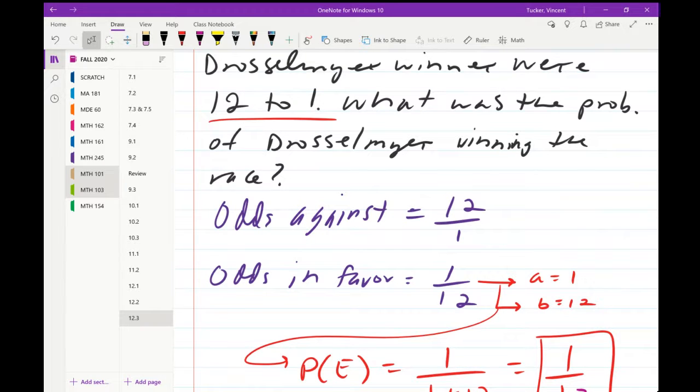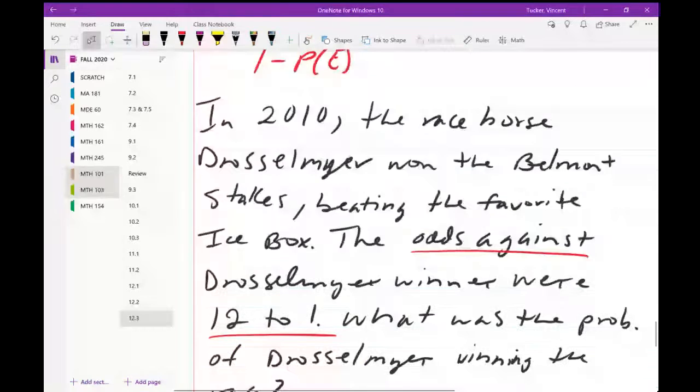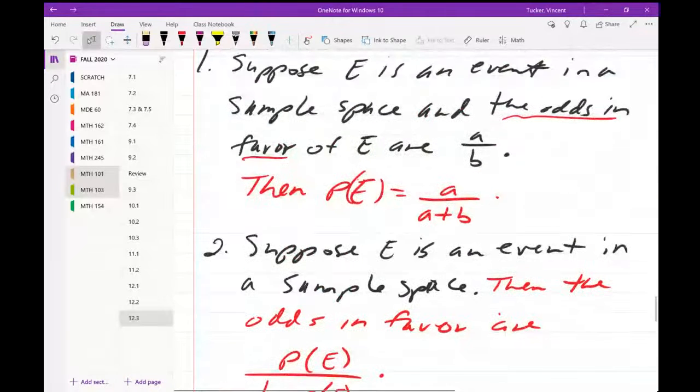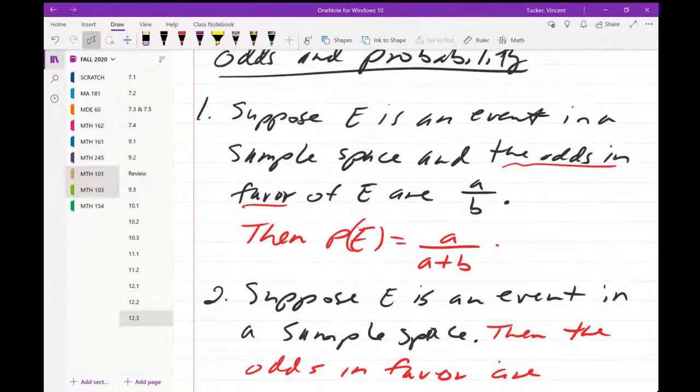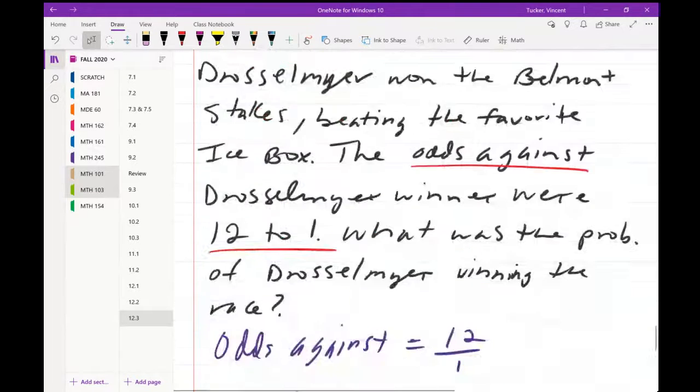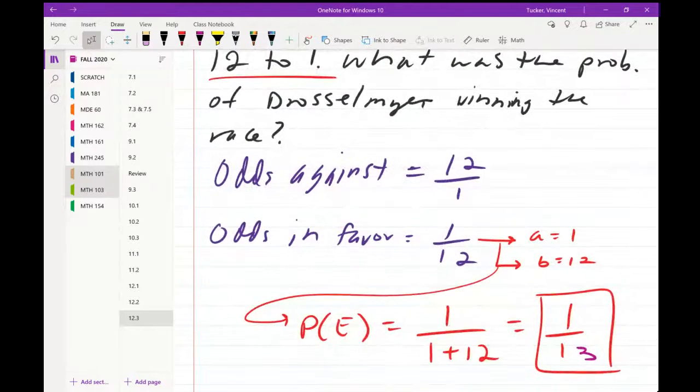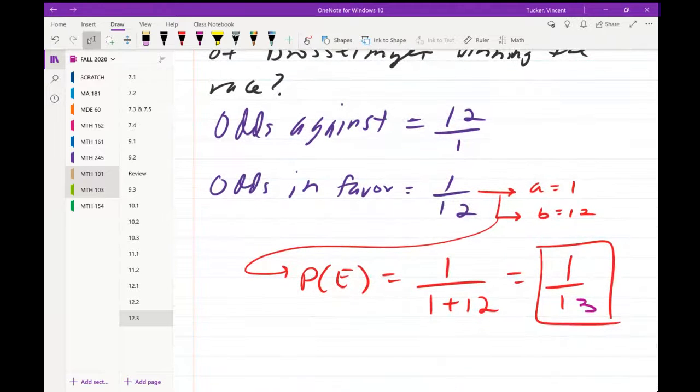You just flip them. And if that's the case, now that you have it in odds in favor as 1/12, go back to your relationship. It says that the probability will be A over A plus B. Your top number is A, bottom number is B. So that's 1 over 1 plus 12, which is 1 out of 13. So the probability is a 1 out of 13 chance.